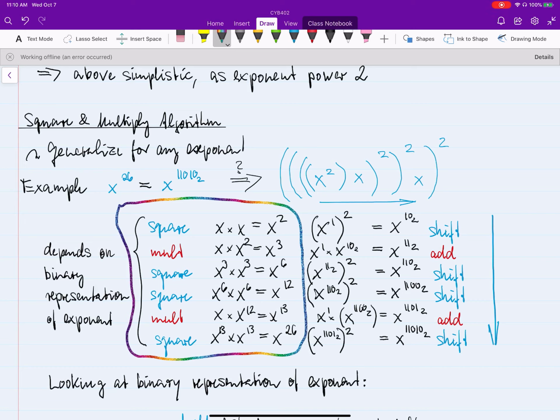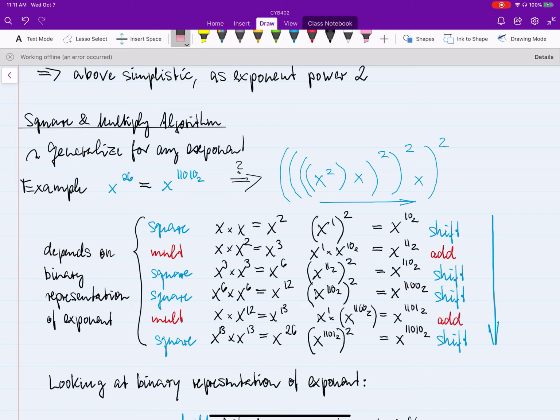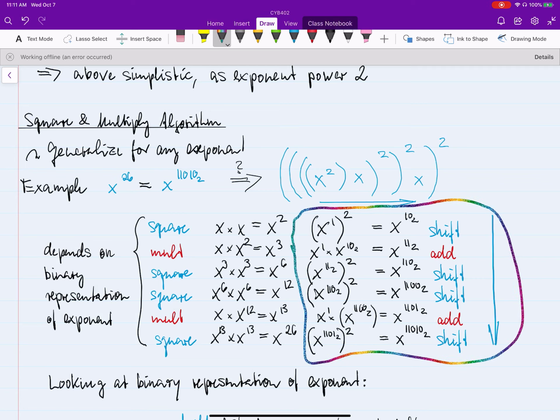Obviously we need to square, which is computationally intense for large numbers, and we have to multiply. What you see on this side here, however, is what that squaring and multiplying is actually doing in terms of the exponent.